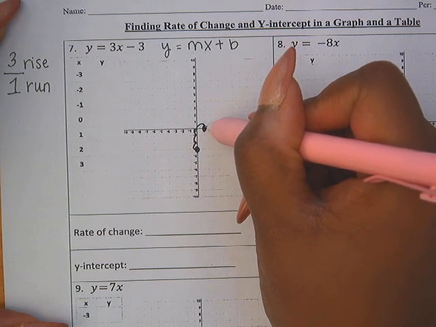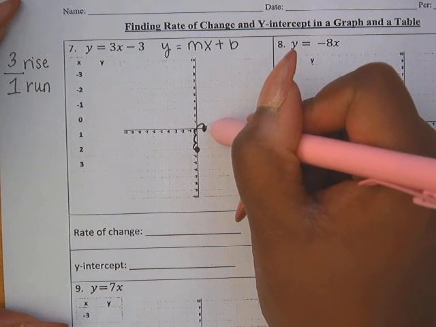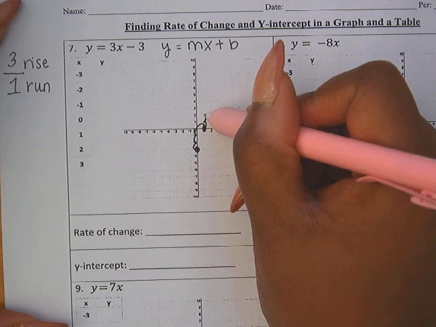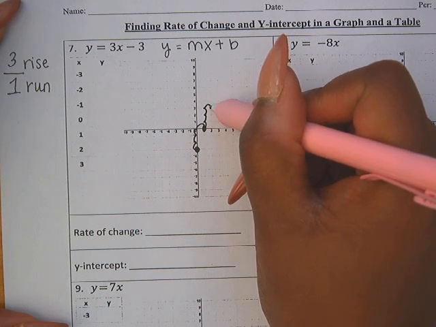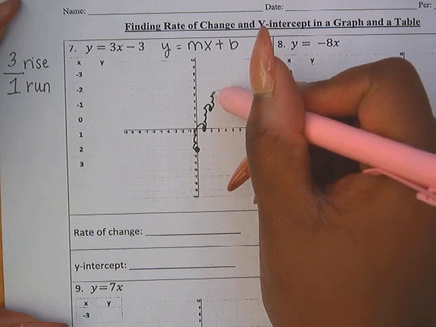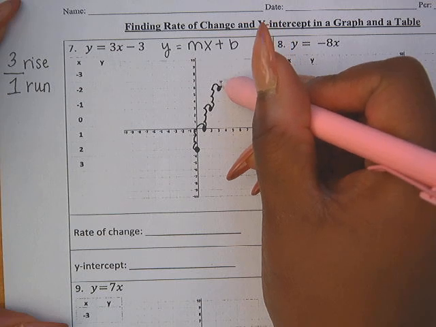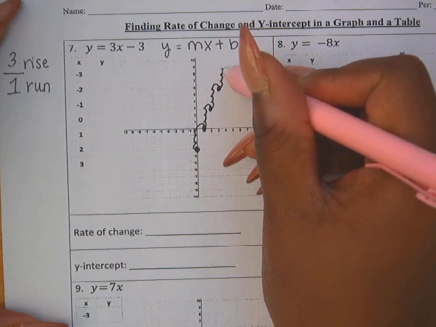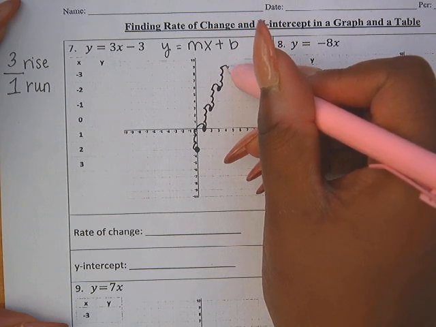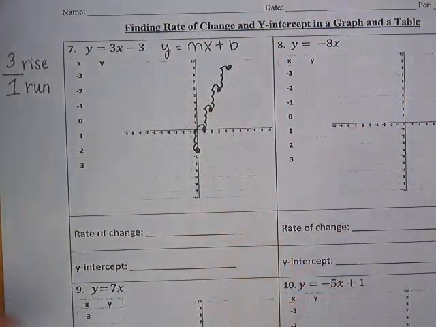And I always suggest to do this 3 to 5 times so that you can have a more accurate line. 1, 2, 3, to the right 1, 1, 2, 3, to the right 1, 1, 2, 3, to the right 1. Now we can kind of see our line forming.